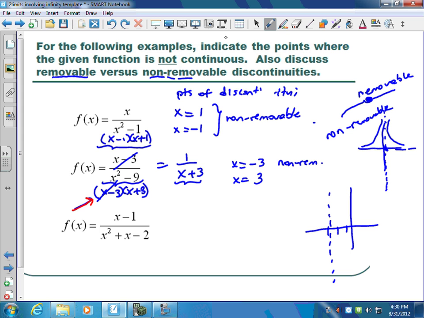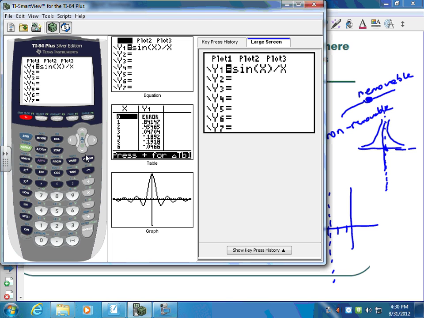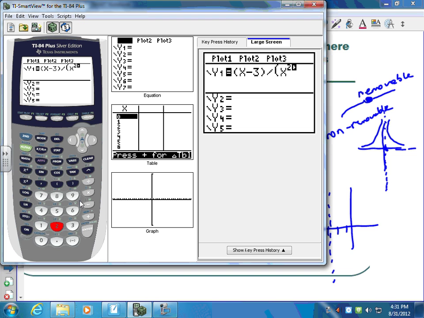So I'm going to look at this graph on the calculator. x minus 3 over x squared minus 9. So clear the other one. Make sure to use parentheses. x minus 3 over, quantity, x squared minus 9. Oops, sorry.